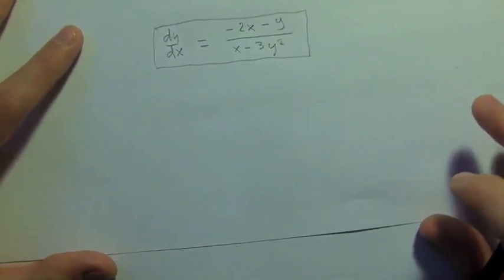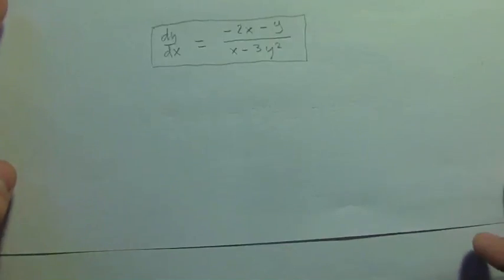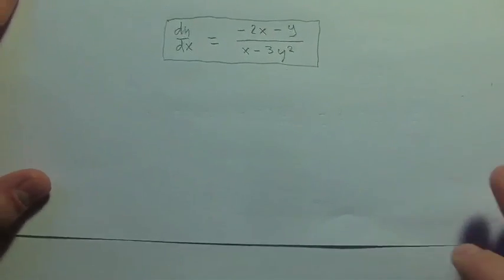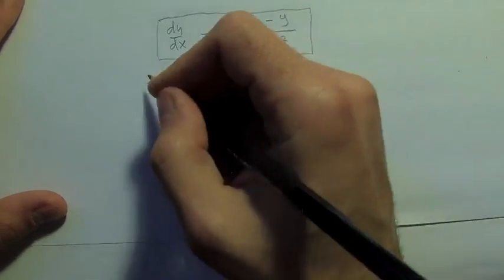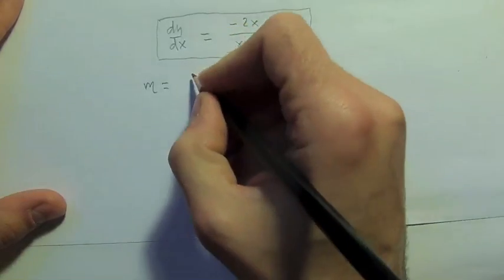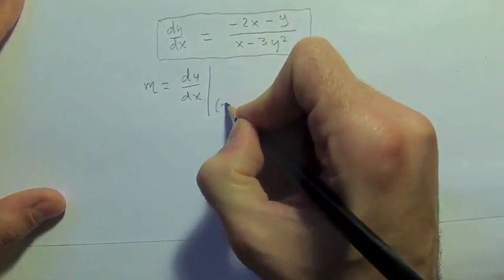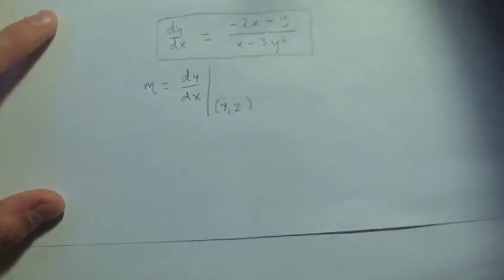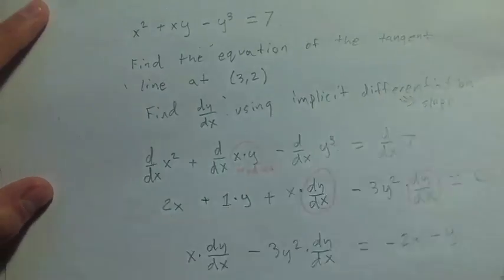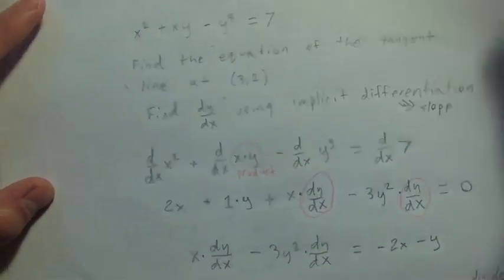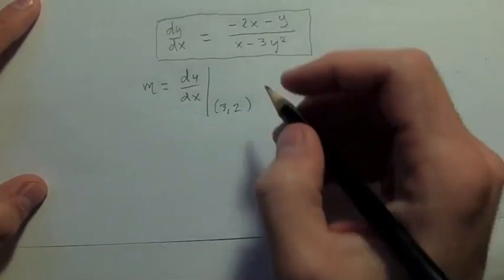Okay, that means the slope of this line I'm going to evaluate at that point 3, 2. Remember that point 3, 2 is actually given to us. Tangent line at 3, 2.